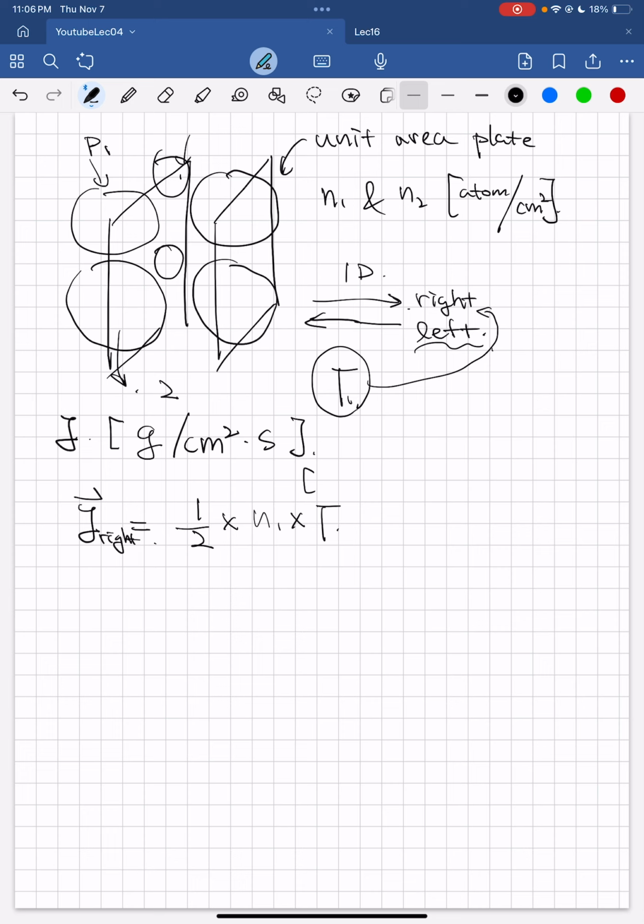Because now this has a unit of per second, and this has a unit of atom, or you can say gram, per unit area, then of course you can easily see that it matches the unit of flux, right? And of course, when you look at this for plate 2, it's the same.